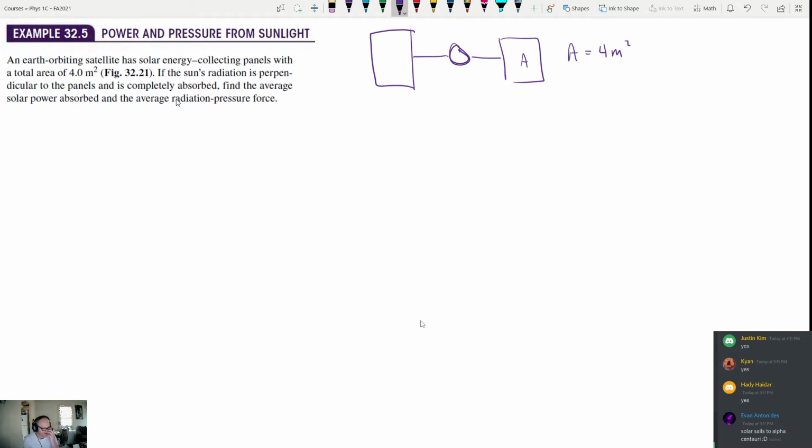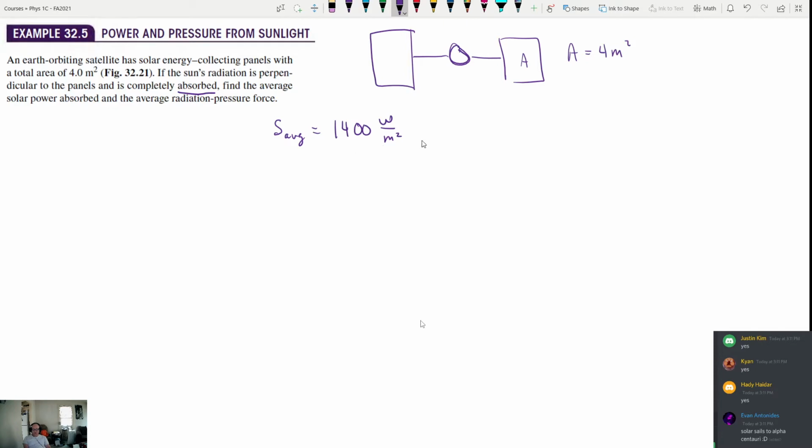Okay. I guess we're just going to be using that same 1400 because it's near the Earth, right? It's orbiting the Earth. So we're still going to use that same intensity. So we have our Poynting vector S average, which is going to be the intensity of the sun, 1400 watts per meter squared. We obviously have an area of 4 meters squared. It says that it's completely absorbed.